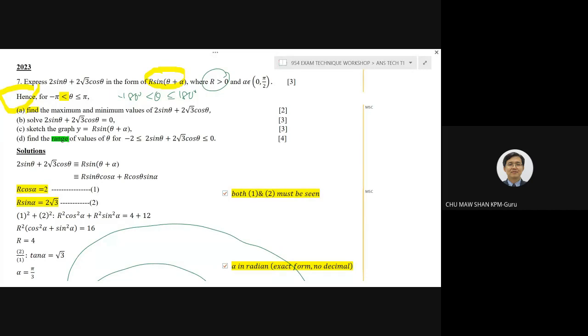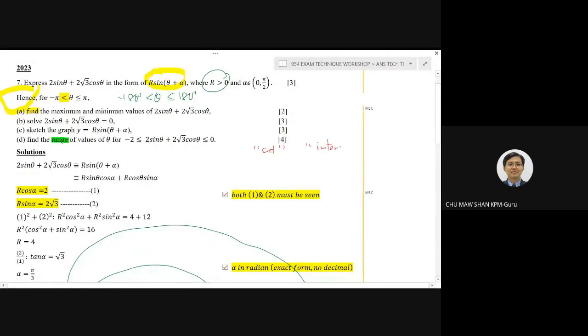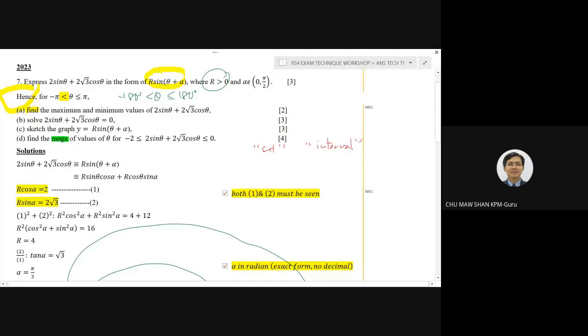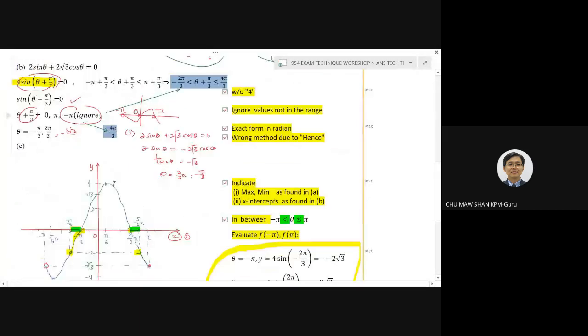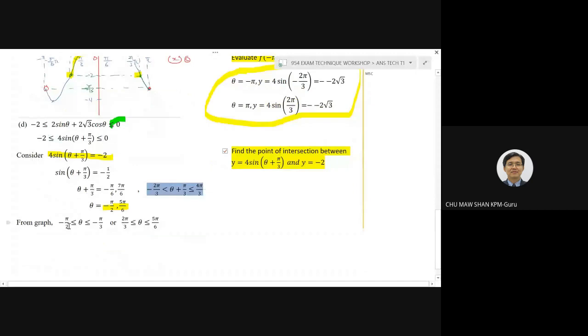Kalau dia ada keyword contohnya, find the set values, find the interval, this keyword are inside the question, then you are compulsory to give answer in set form. Kalau dia cuma kata find the range, okay, this already is the final answer. But if you want to give in set, okay, itu saja.